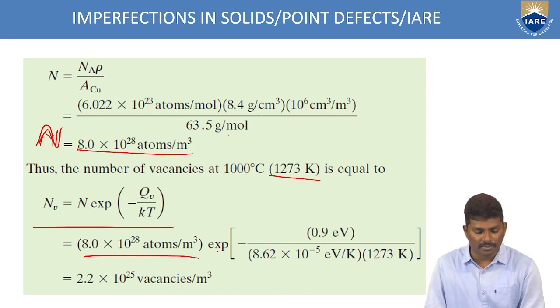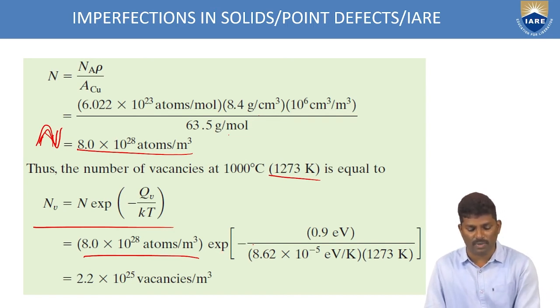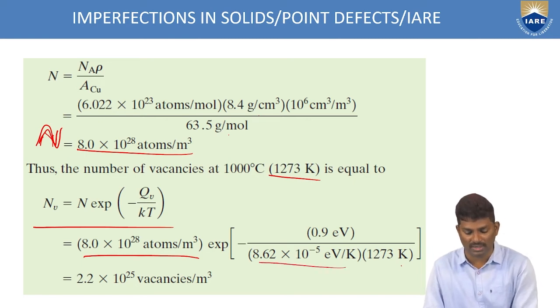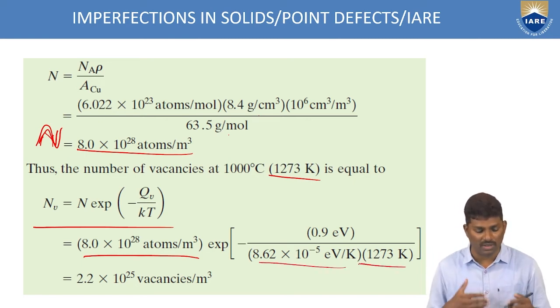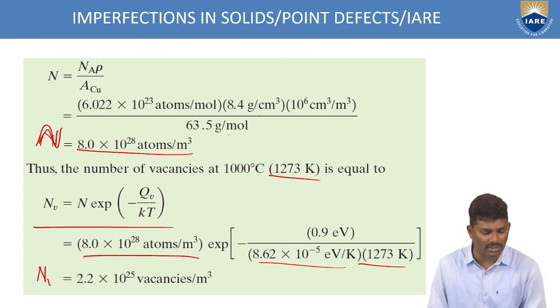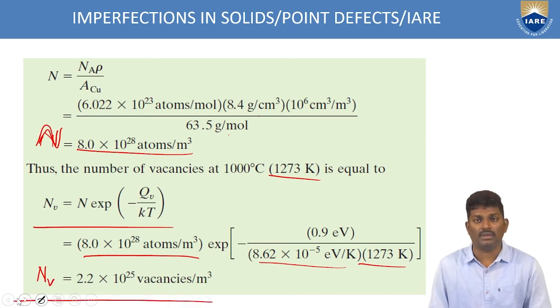And exponential of minus, what is the energy required? Energy is given as 0.9. And what is k here? It is 8.62 into 10 power minus 5. And what is T? 1273. So substituting all these values, you get the number of vacancies Nv as 2.2 into 10 power 25 per centimeter cube.